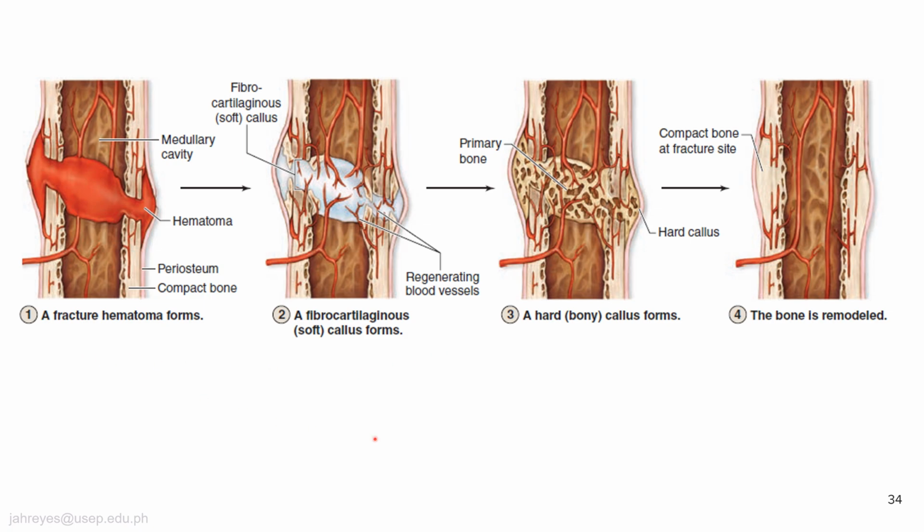So you can see in this illustration the process of bone remodeling. First, there should be a fracture hematoma that will form in the injured part of the bone.